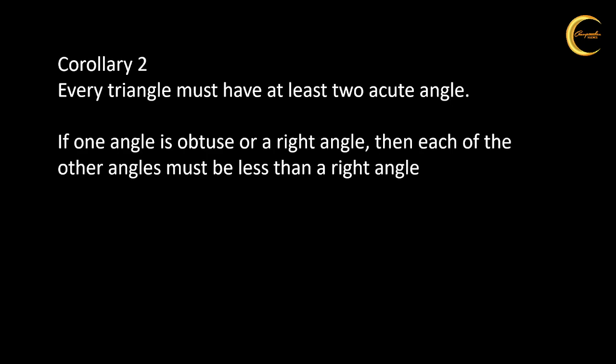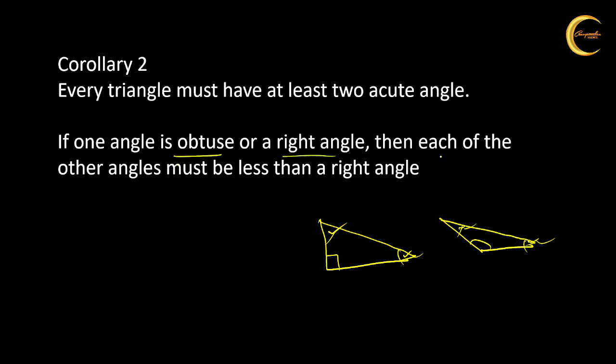Now you see, if I draw a triangle where this is a right angle, or a triangle where this is an obtuse angle, then the other two angles are acute angles, meaning each should be less than 90 degrees. Again, if one angle is obtuse or right, then each of the other angles must be less than a right angle, so it is an acute angle.